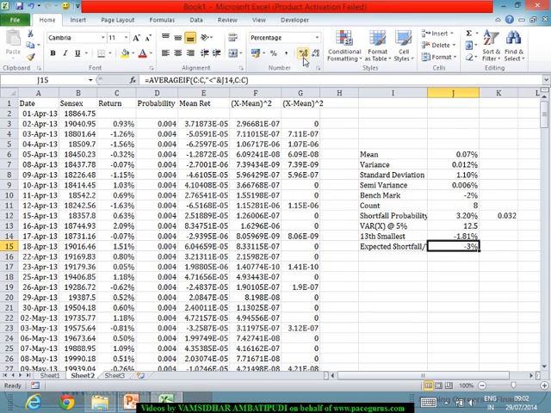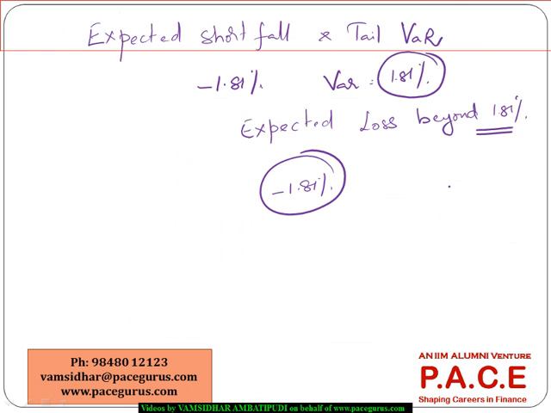So I'm not doing the average of all of them. I'm multiplying those particular returns with the corresponding probability only for those which are beyond that threshold level. Here I am setting the threshold as the VAR itself; this minus 1.81% is nothing but the 5% VAR. So that is where I am getting this computation of the expected loss, and I am calling it tail VAR.